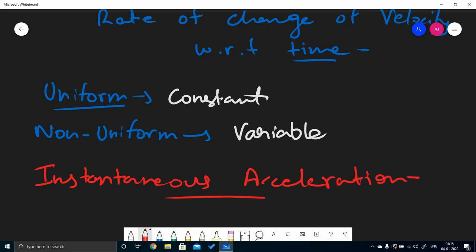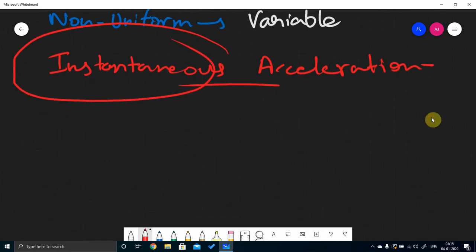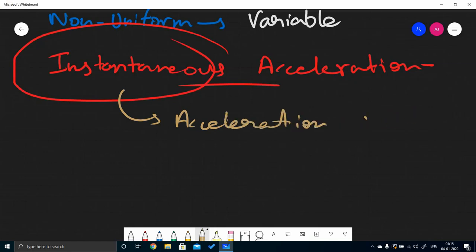From your previous term encounters, and from the word itself, what do you think instantaneous acceleration means? Instantaneous acceleration is basically the acceleration of a body at any instant.